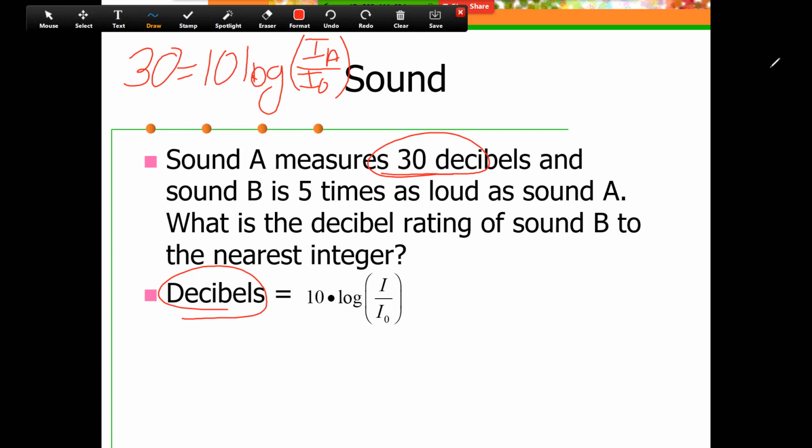worry about that. And it says that sound B is 5 times as loud. So 5 times as loud means that its intensity is 5 times larger.